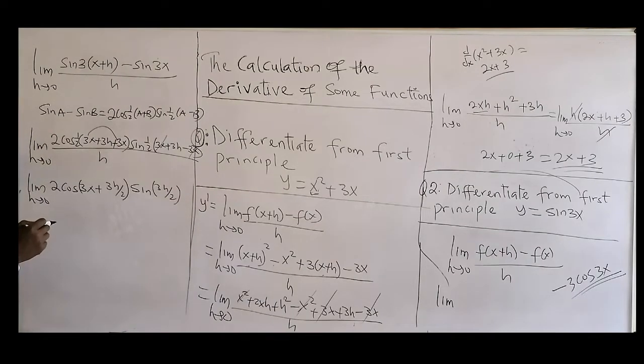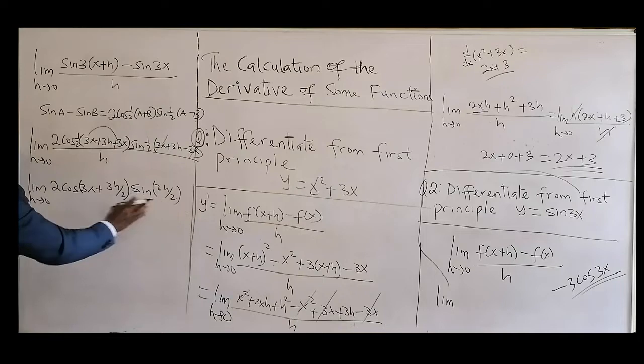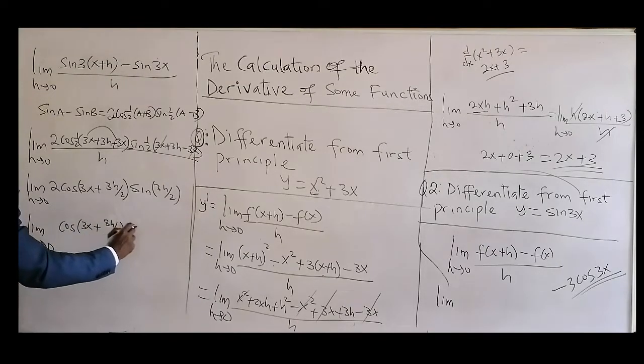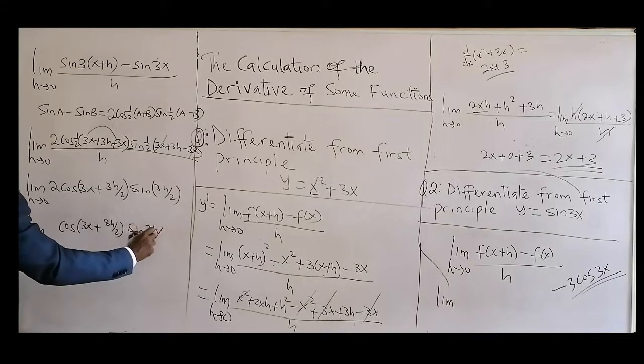We want this one to have a fraction. I'm going to force this one down, which will be limit as h tends to 0 of cos 3x plus 3h over 2, sine 3h over 2.